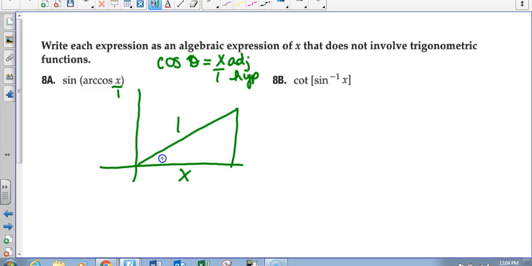Adjacent over hypotenuse, x or x over 1. Now we have to write an algebraic expression over here. All right. If we do x squared plus something, I'm going to use question mark, squared, equals 1 squared, how can we solve for question mark?